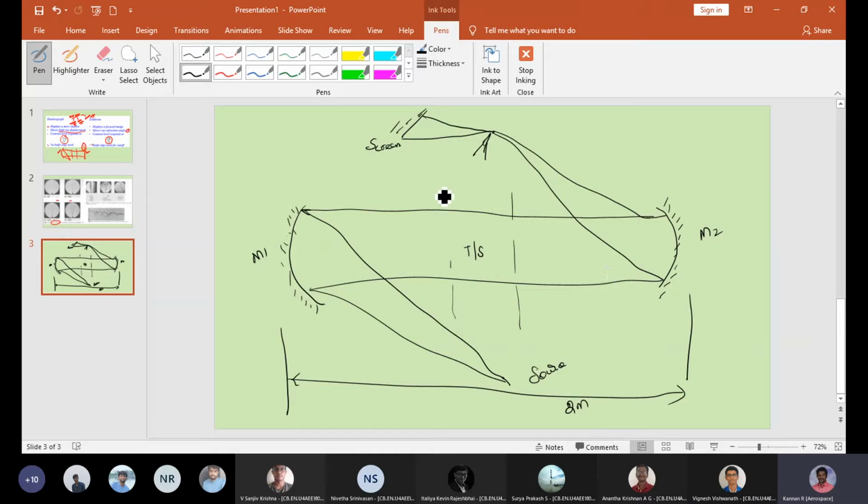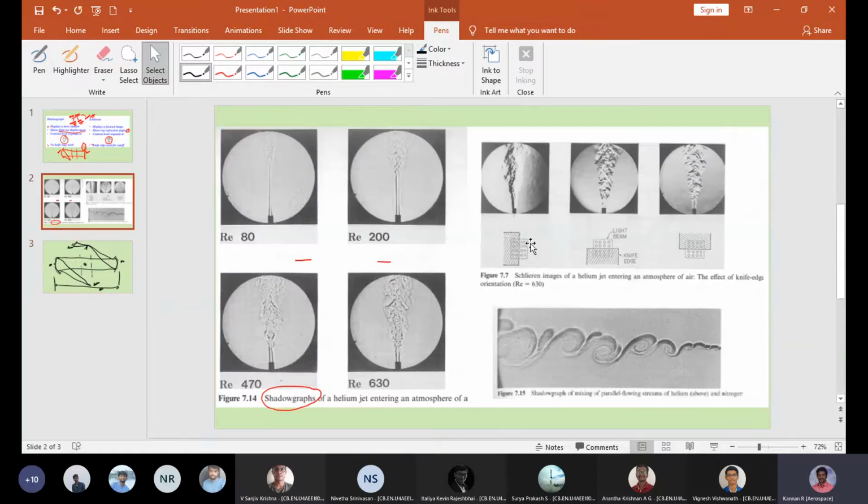Another thing to keep in mind is how the image forms with respect to the knife edge orientation.